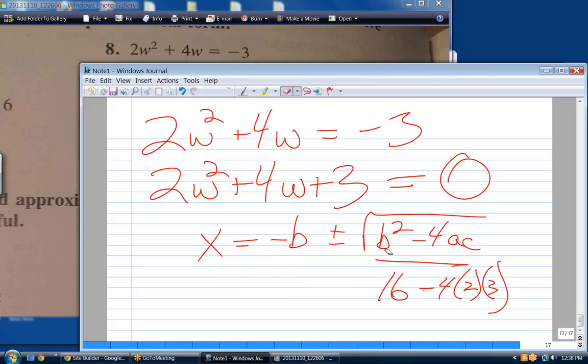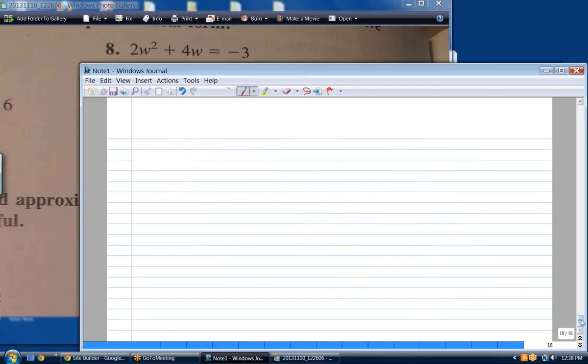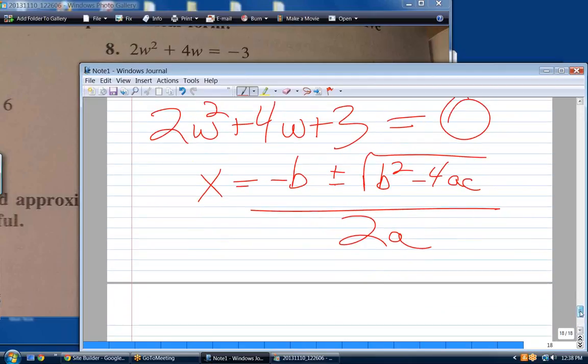In other words, by doing a quick check on the discriminant, we can tell whether we should spend any time at all trying to factor this the normal way. The moment we realize that the discriminant is negative, we know we have to use the quadratic formula. So let's proceed. So fill in.